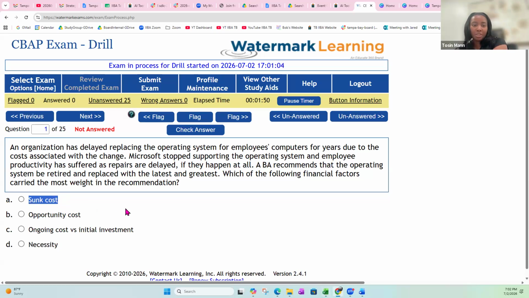Yeah, I agree too. Okay, we're going to eliminate sunk cost. So what is the best answer? It's not opportunity cost. Should be this. Retired and replaced with the latest and greatest.